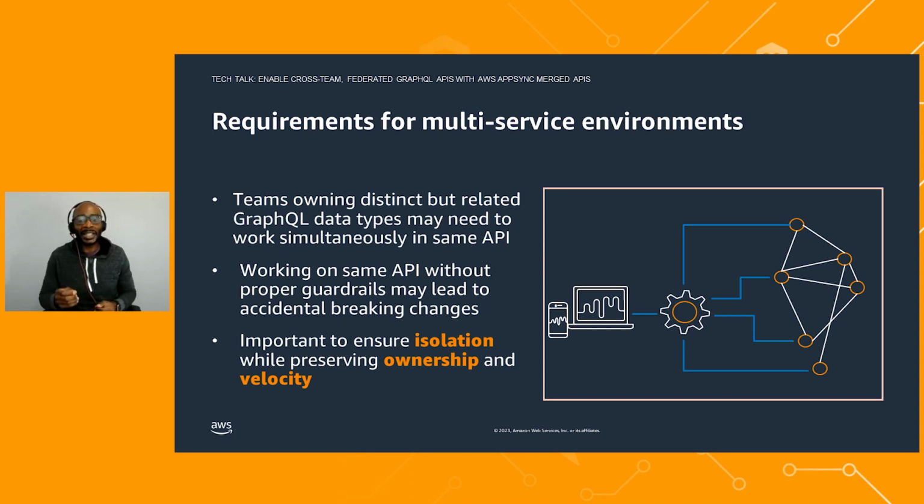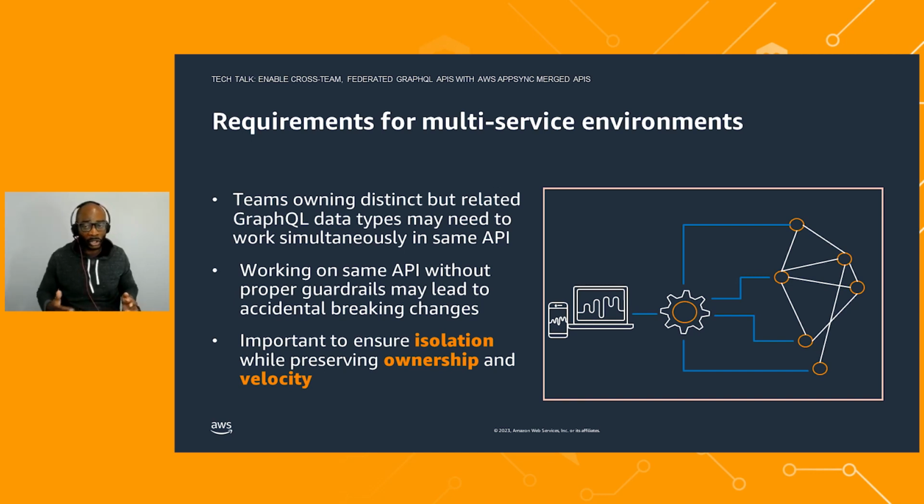To do this, they need to be able to work on their own API. Working on the same API without proper guardrails can lead to accidental breaking changes. To maintain their velocity, team needs the isolation and ownership that will allow them to stay nimble and move quickly.